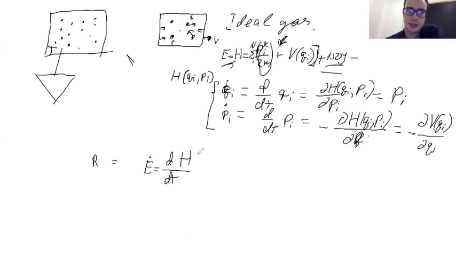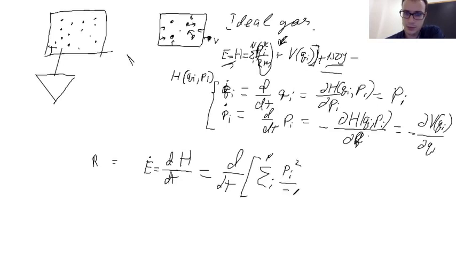So I differentiate the Hamiltonian with respect to time. Sum over i, pi squared over 2m plus V of qi.